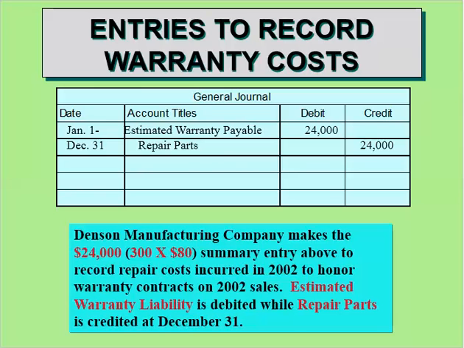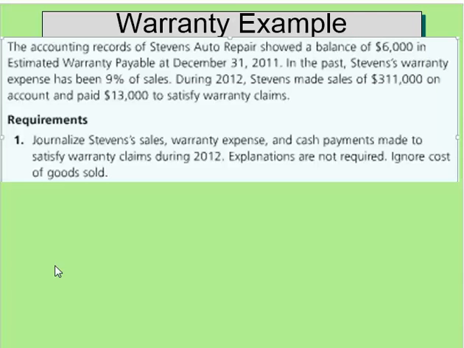And here, let's look at another example. This says the accounting records of Stevens Auto Repair showed a balance of $6,000 in estimated warranty payable at December 31st, 2011. In the past, Stevens' warranty expense has been 9% of sales. During 2012, Stevens made sales of $311,000 on account and paid $13,000 to satisfy warranty claims. Well, let's see how all that actually pans out.